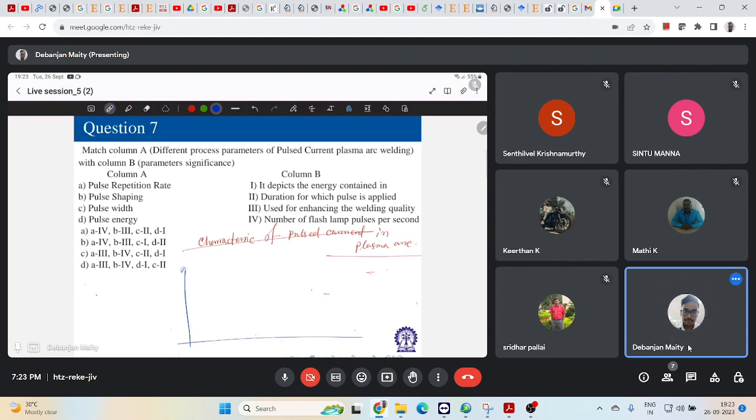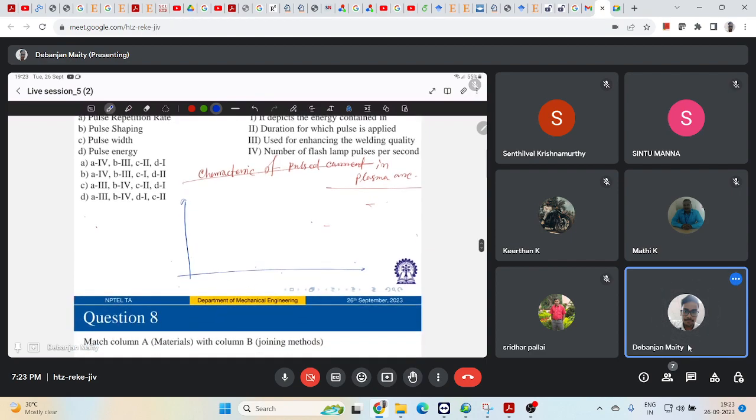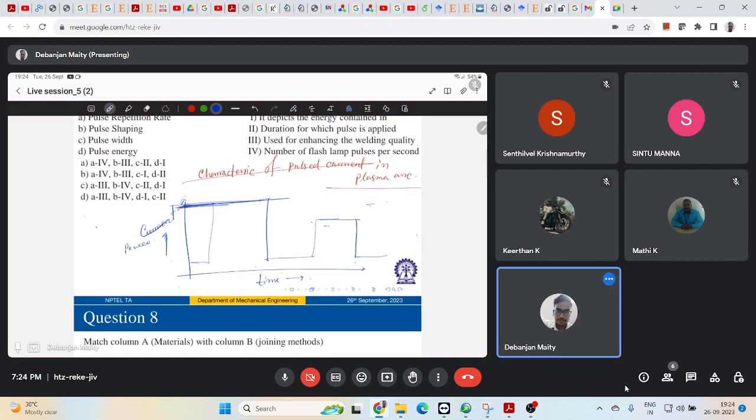a pulsed current? Let's say this is my time and this is current, and I'm having a profile like this. Okay. What is this? This is the current, or if you are thinking of power, this is my peak power, right?